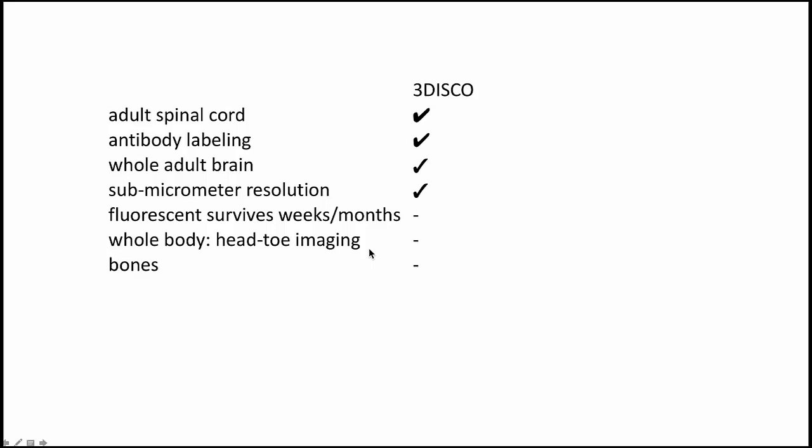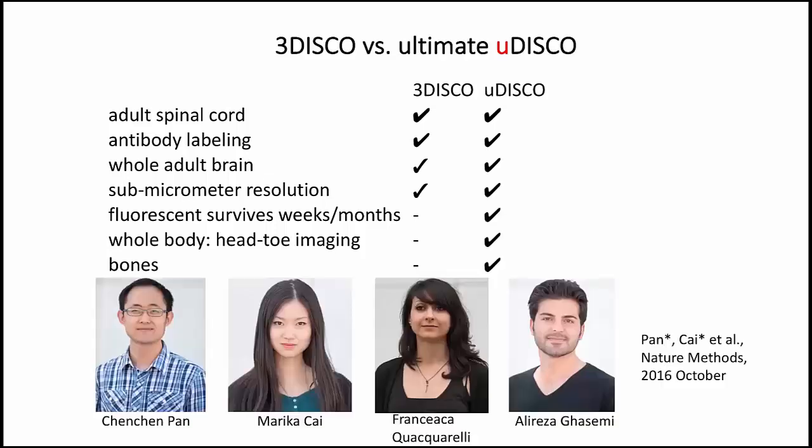To overcome these problems, especially to clear the mouse brain or the entire CNS of a mouse, to look at the big picture in traumatic brain injury, as I mentioned, we were interested in studying how the local degeneration spreads to the rest of the brain or to the rest of the CNS. We started working on 3DISCO to improve it.